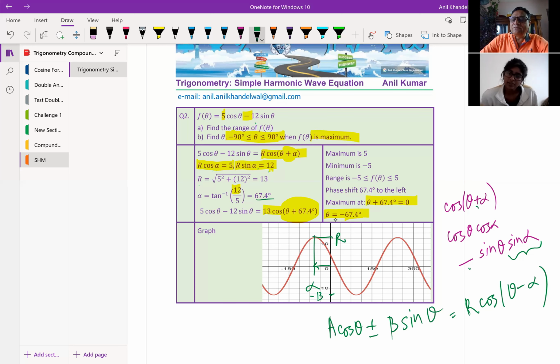So let me write it like this. If it is plus here, then minus; if it is minus, then plus. Accordingly, you use your equation. We will not get a minus angle and make it minus, we will not complicate it.